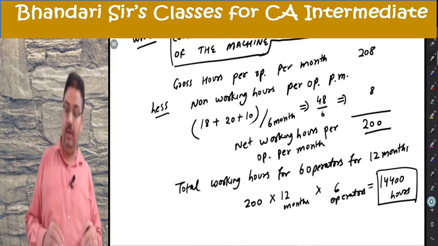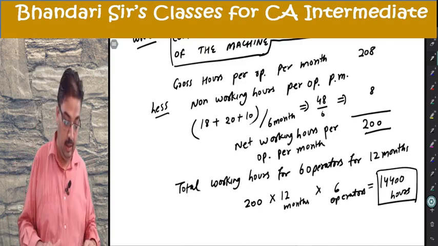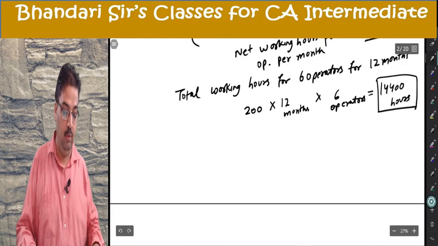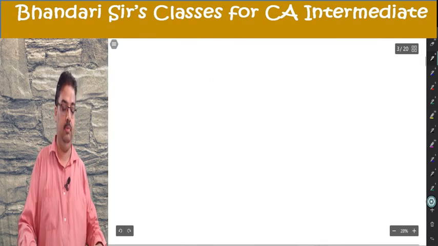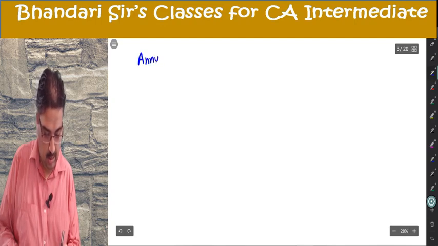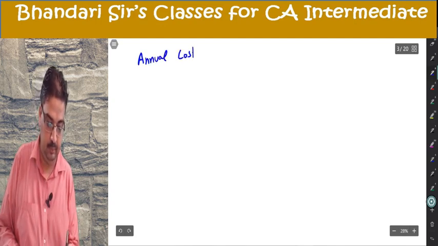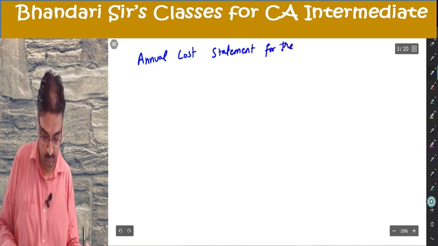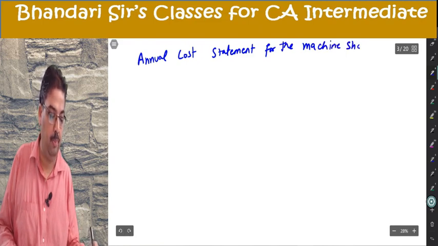Now my basic working notes are clear. I am making annual cost statement now, annual cost statement for the machine shop.